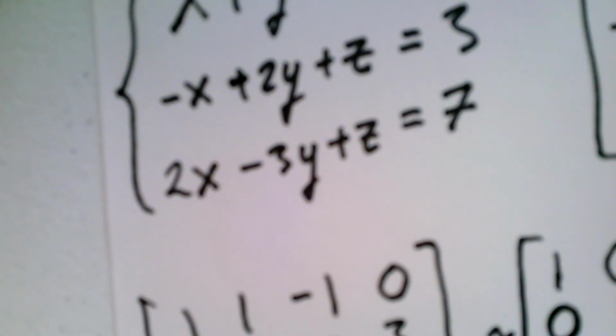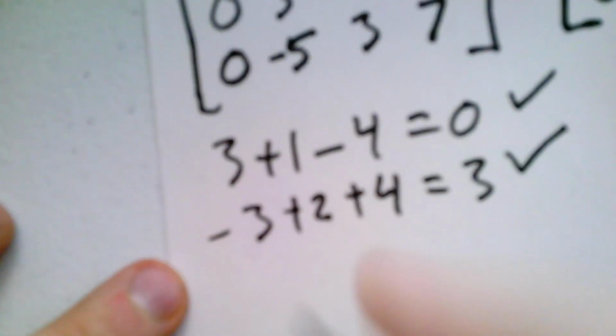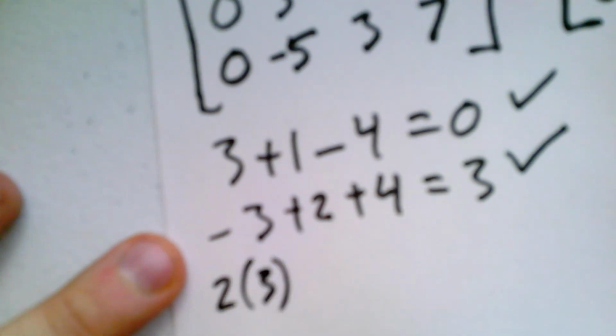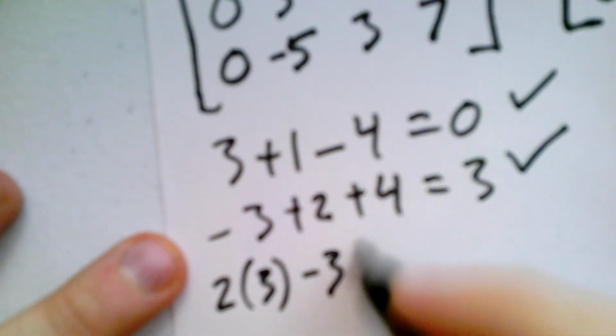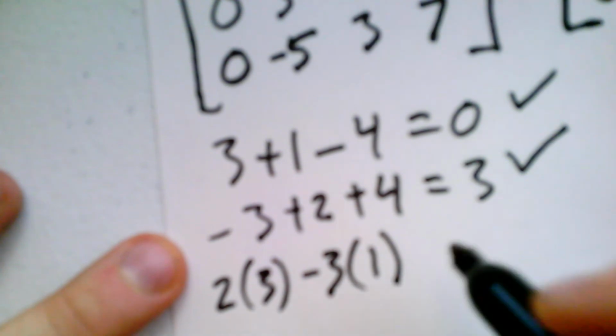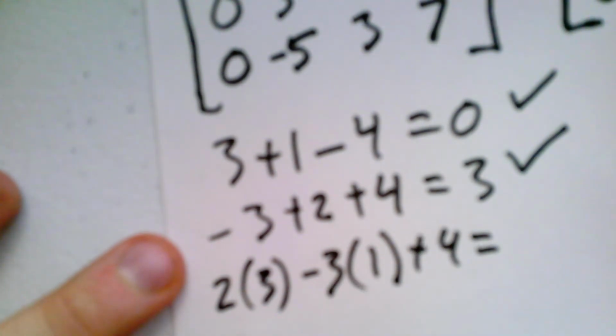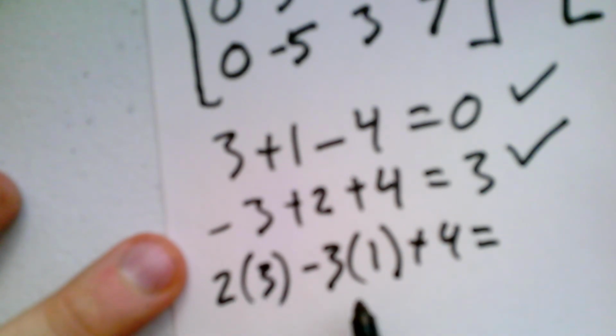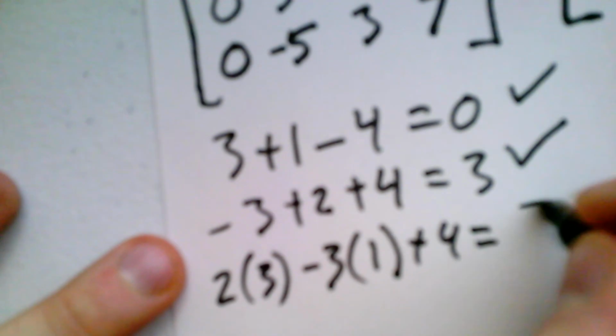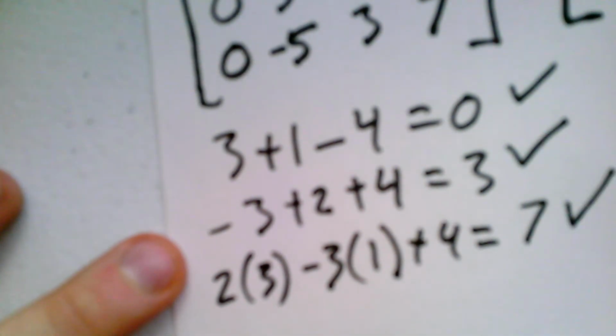The third equation is 2x minus 3y plus z equals 7. So we have 2 times 3 minus 3 times 1 plus 4 equals, well, we claim 7, but let's count. 6 minus 3 is 3, plus 4 is 7. And that satisfies the last equation.